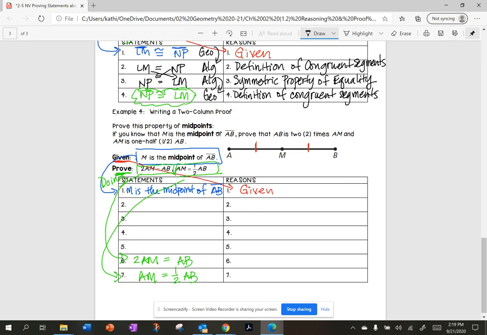Okay, so since I know M is the midpoint, I know that the distance from A to M, or the segment AM, is congruent to segment MB. And I know this because of the definition of midpoint.